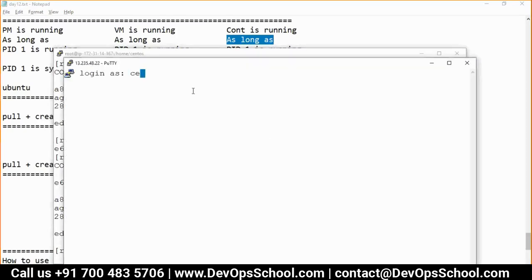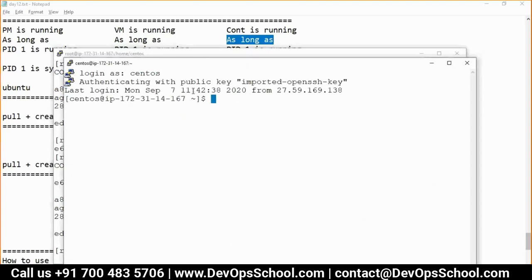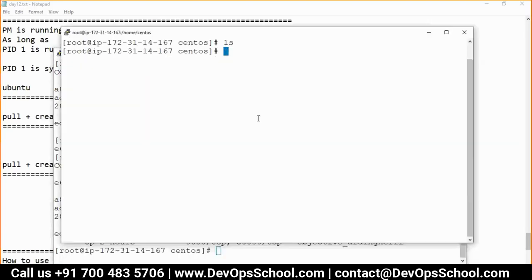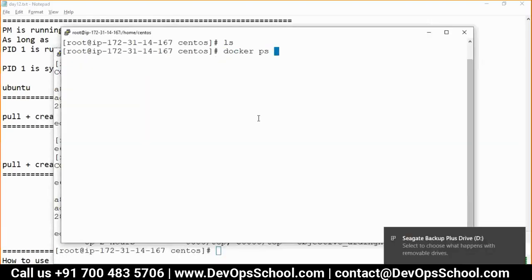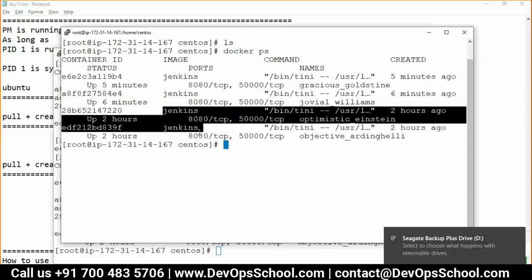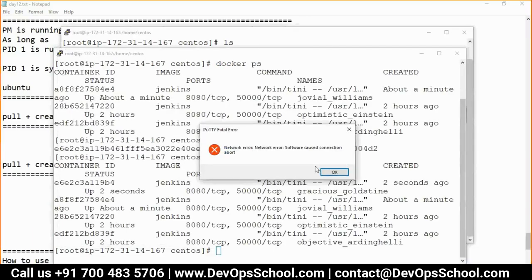Duplicate CentOS. sudo -s. See here, look at my screen, guys. This time I have 4 containers of Jenkins. But you know what I am doing?